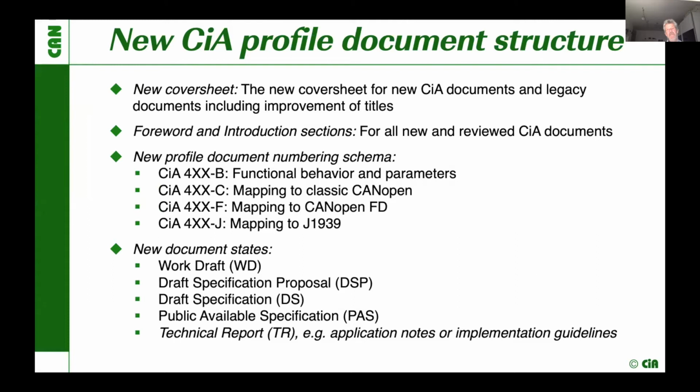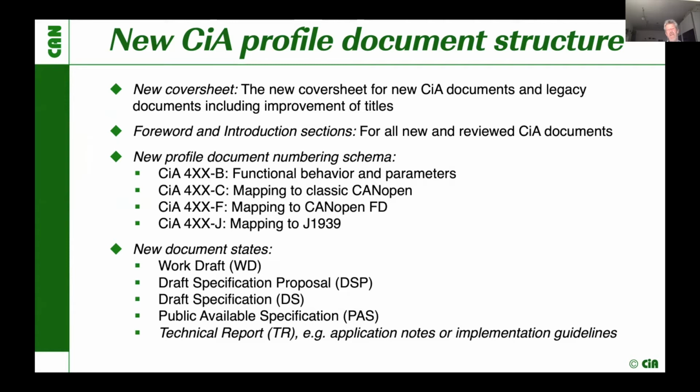What we also introduced this year or last year is a new CiA profile document structure. We have new cover sheets explaining a little bit more, and improved titles. We have foreword and introduction sections that give you some additional information on the documents which are not part of the specification itself. We also have a new numbering scheme.